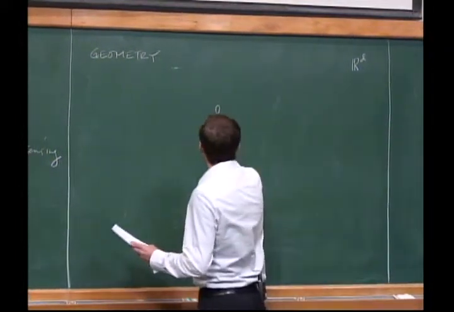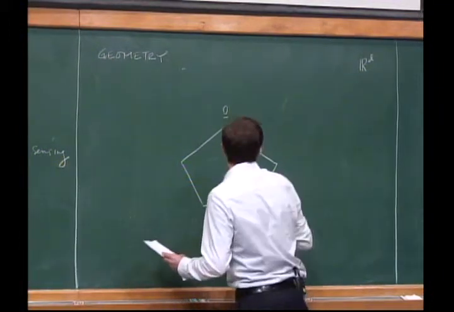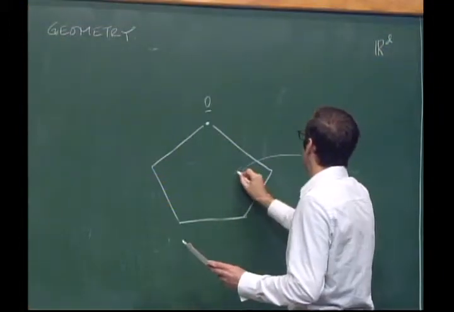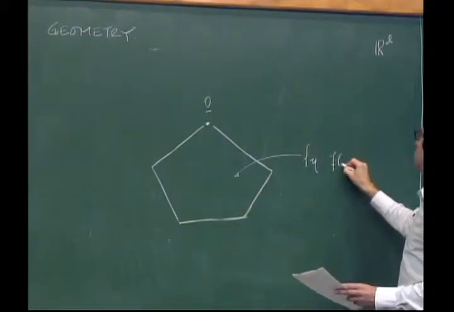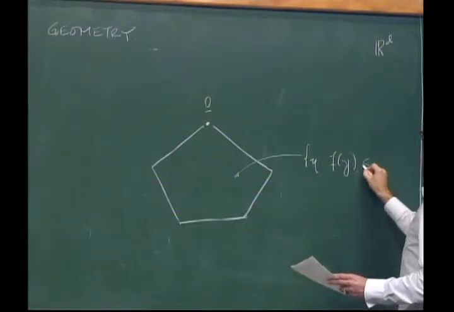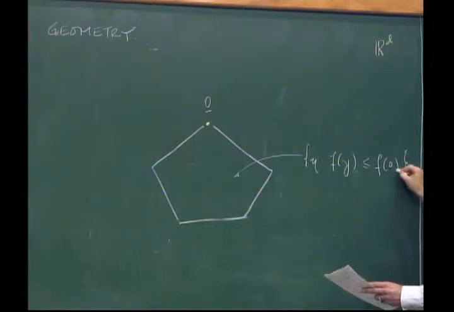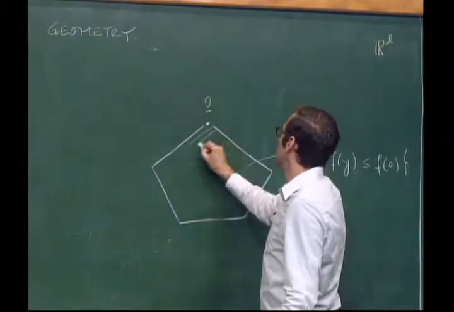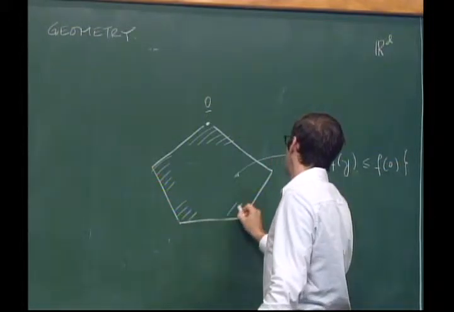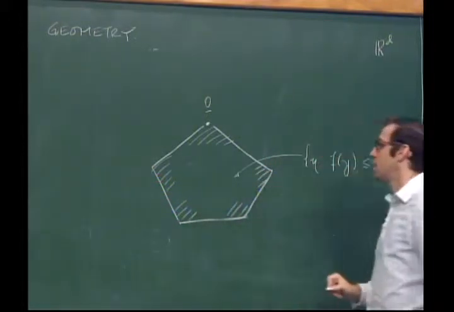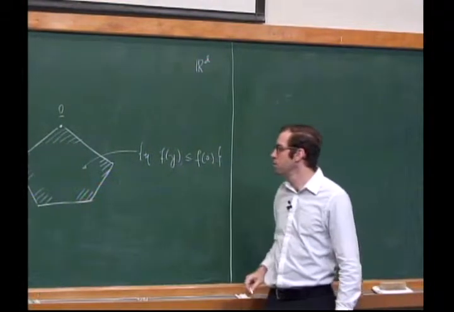And here is the sublevel set of the function f at the point 0. So it's some convex set because the sublevel sets of a convex function are convex.